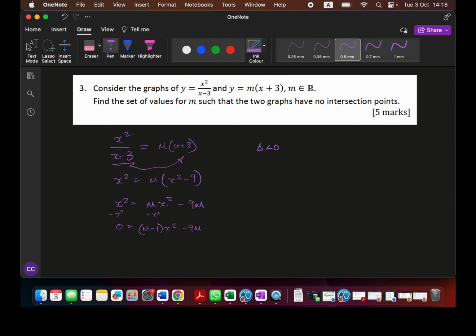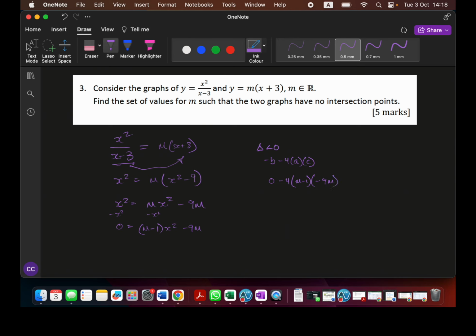So if I use the discriminant, which is b squared minus 4 times a times c, and I substitute in, I get 0 minus 4 times (m minus 1) times negative 9m.